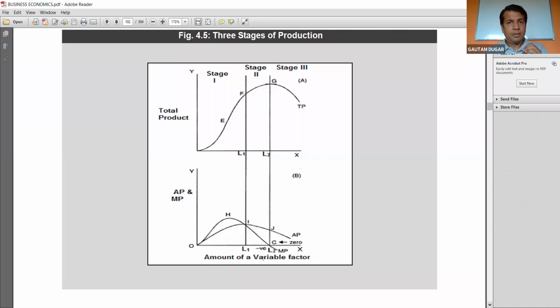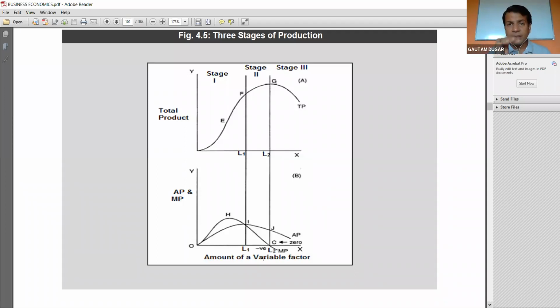That is, with every increase in labor in the initial stage, the total product will increase at an increasing rate. And therefore, you'll find that the average product and the marginal product both are increasing.